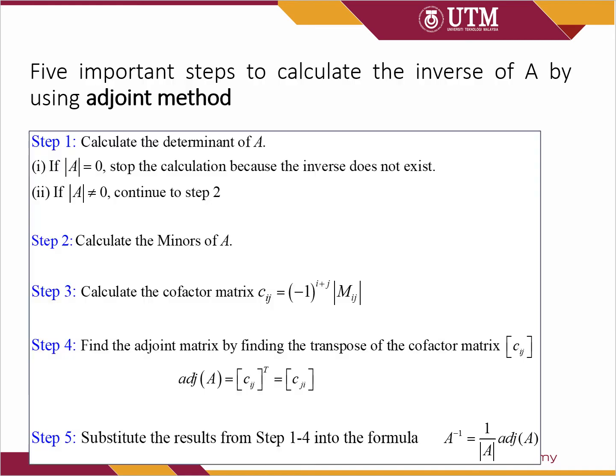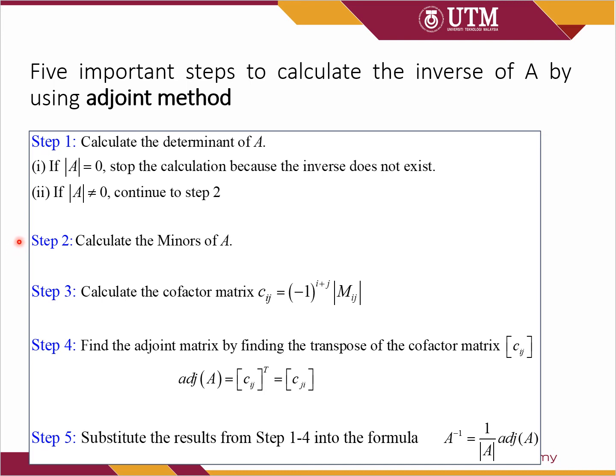There are 5 important steps to calculate the inverse of A using the adjoint method. The first step is to calculate the determinant of A. If the determinant of A is equal to 0, stop the calculation because it means that the inverse does not exist. But if the determinant of A is not equal to 0, then we continue with step 2.